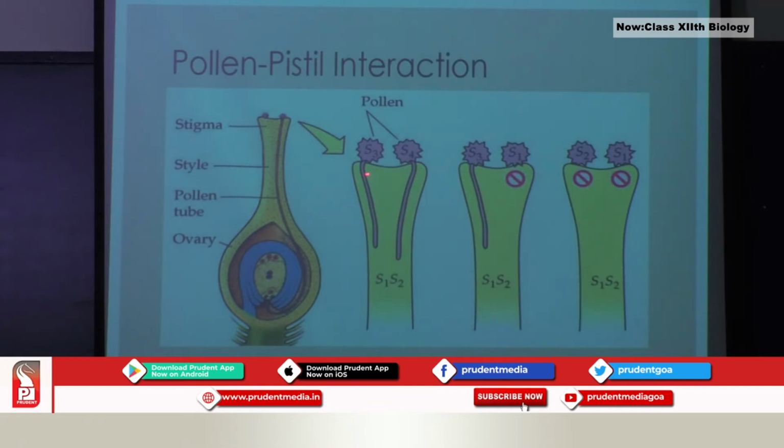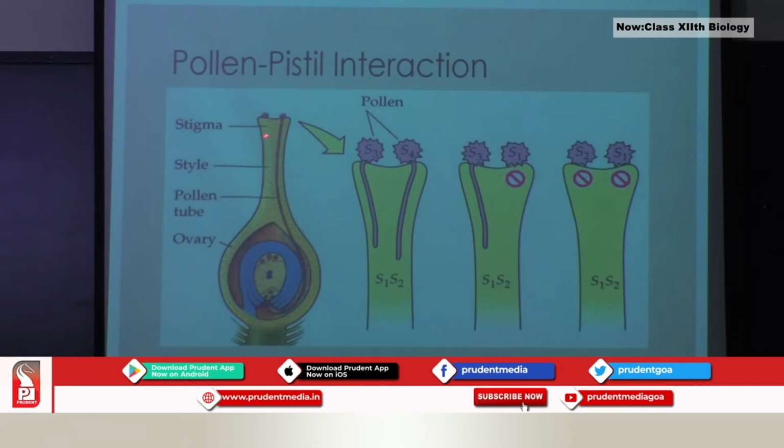With the help of the chemical dialogue, which is called pollen-pistil interaction, the pollen tubes now germinate, and the germinated pollen tube now will reach the ovule. Through the micropyle, it will enter inside the embryo sac. Did you see this? Okay.